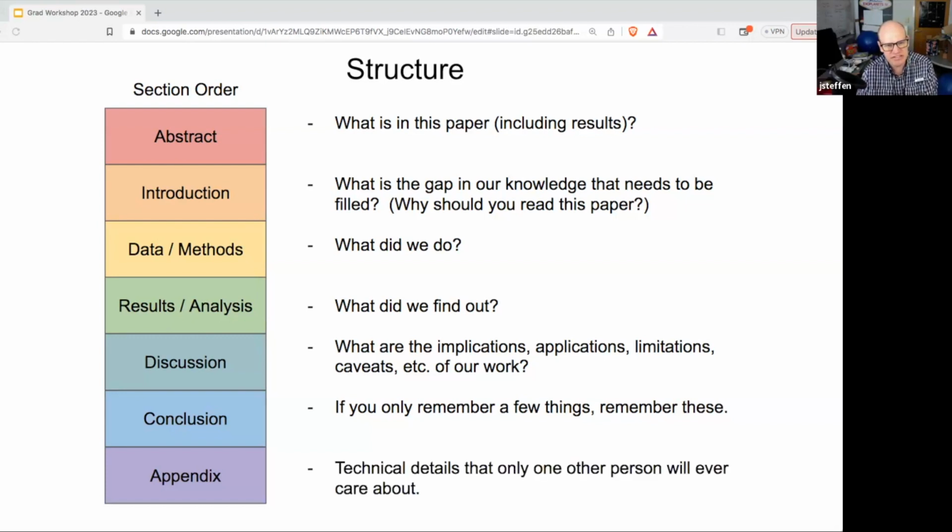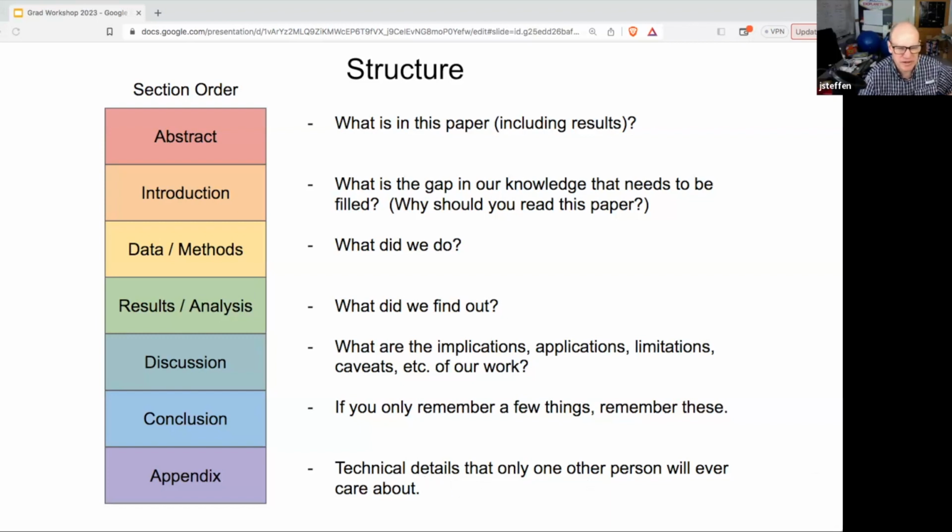And then the appendix is technical details that only one or two other people will ever care about, you know, if they wanted to reproduce some result that you had. So oftentimes, if you have a long calculation that you go through and that's not particularly interesting to everybody, but you want to show that you've done the work, and someone in the future might want to follow along because they want to take it to some new level, then that will go into the appendix.